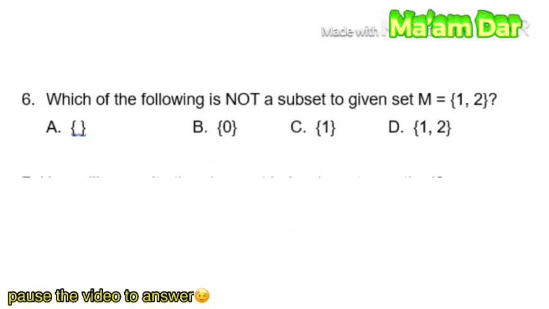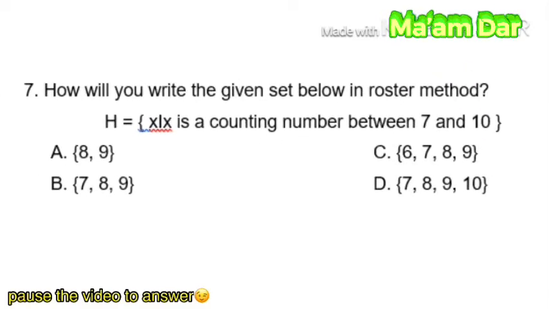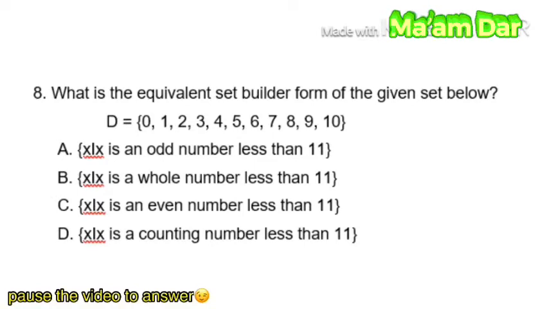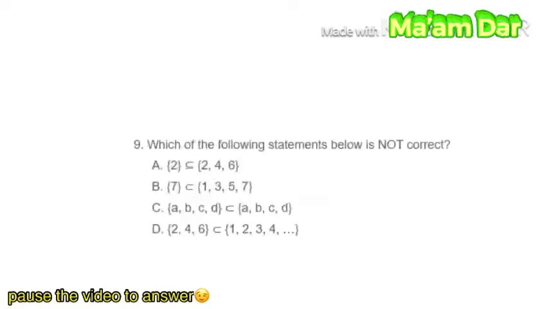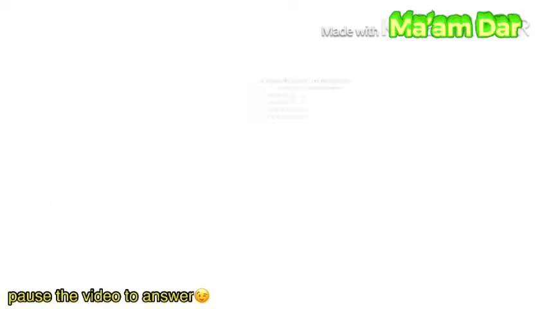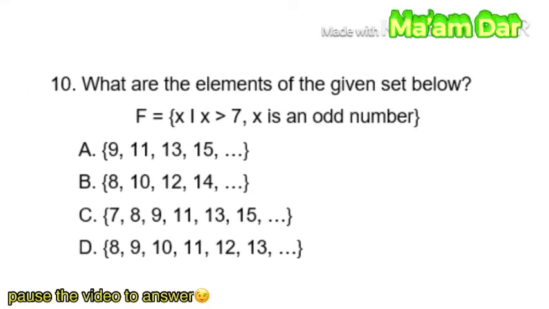Number 6. Which of the following is not a subset of the given set M, the set of 1 and 2? Number 7. How will you write the given set below in roster method? Number 8. What is the equivalent set builder form of the given set below? Number 9. Which of the following statements below is not correct? Number 10. What are the elements of the given set below?